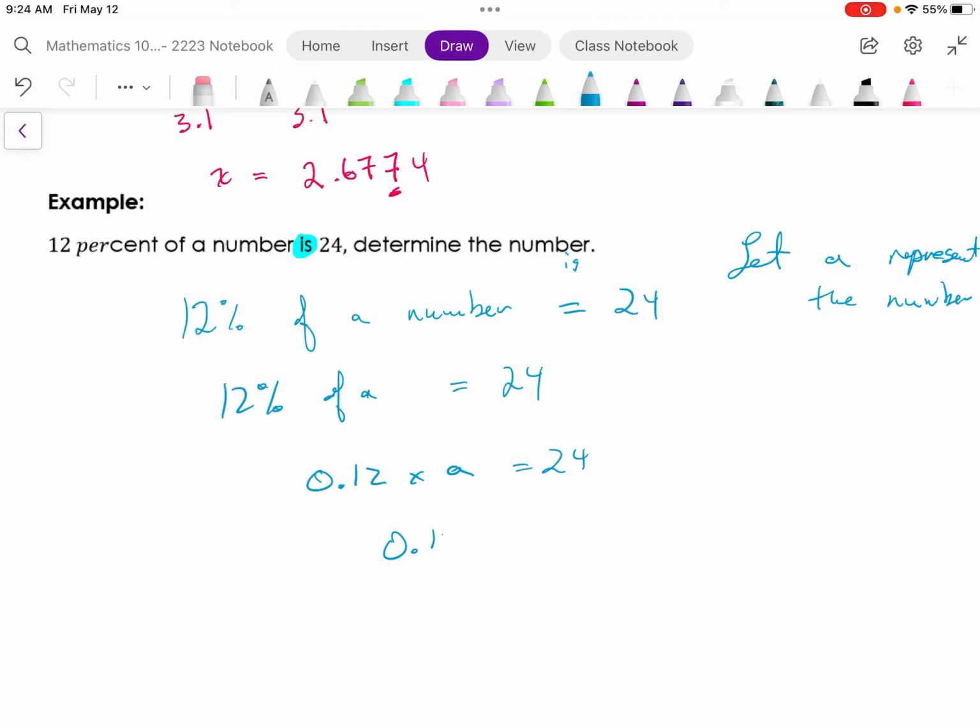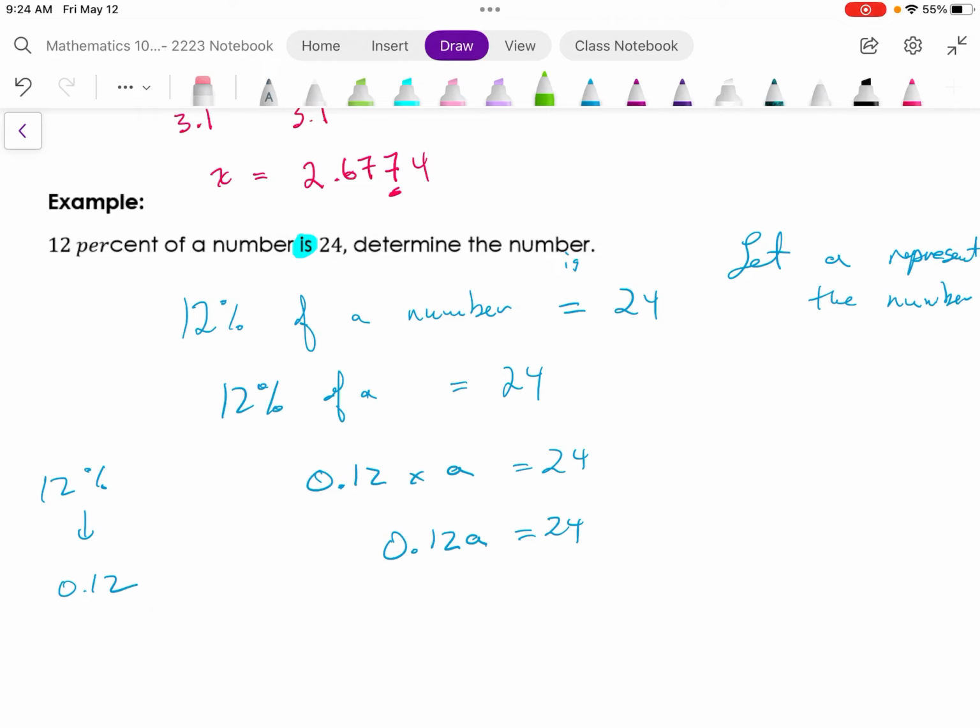In other words, remember 12%, to change a percent into a decimal, you either divide it by 100 or you move your decimal place 2 to the left. 0.12 times A is 0.12A is equal to 24.